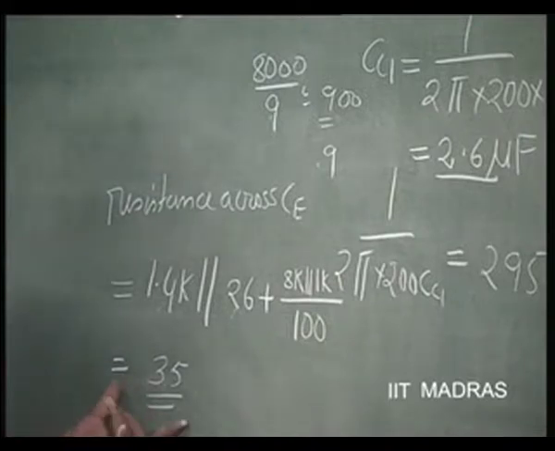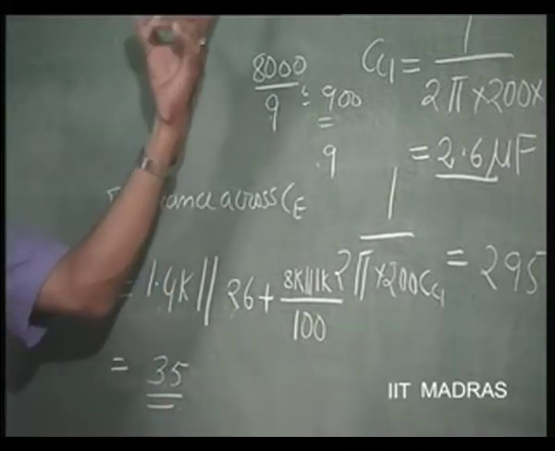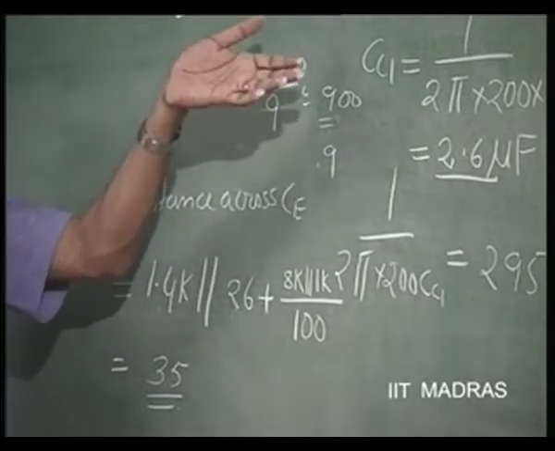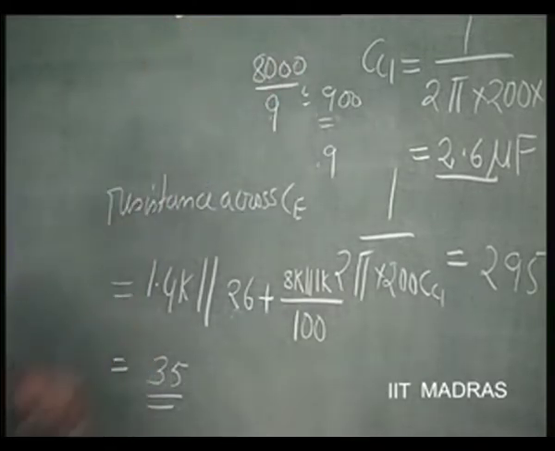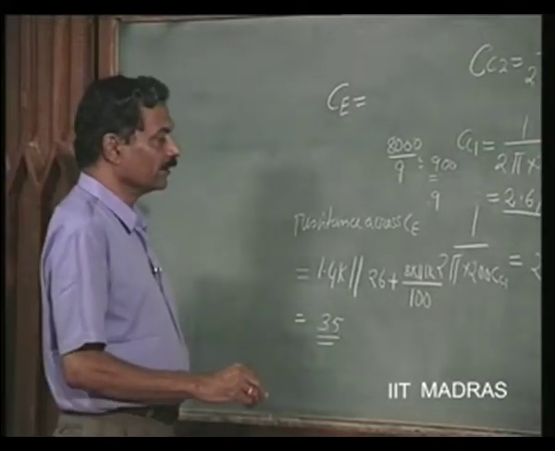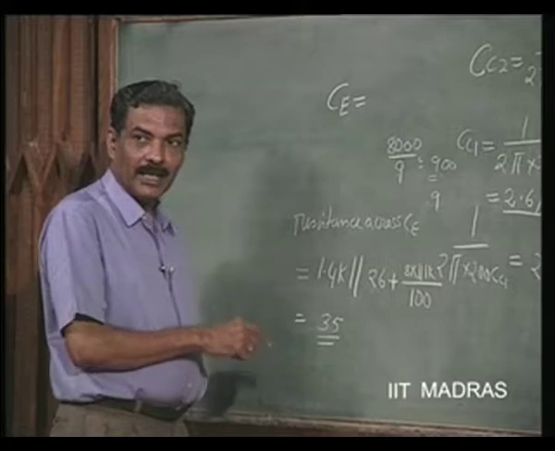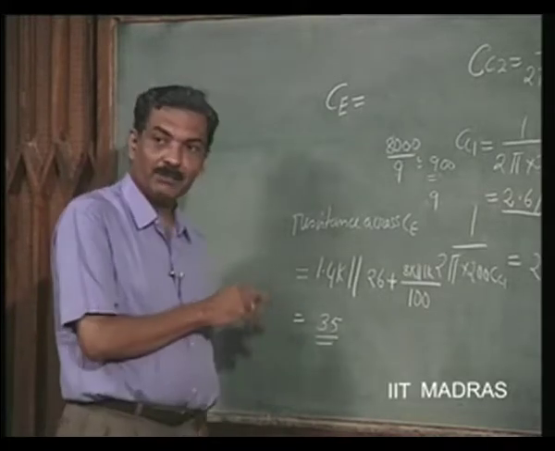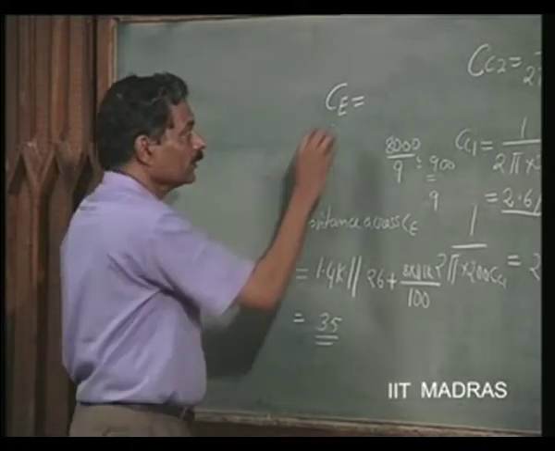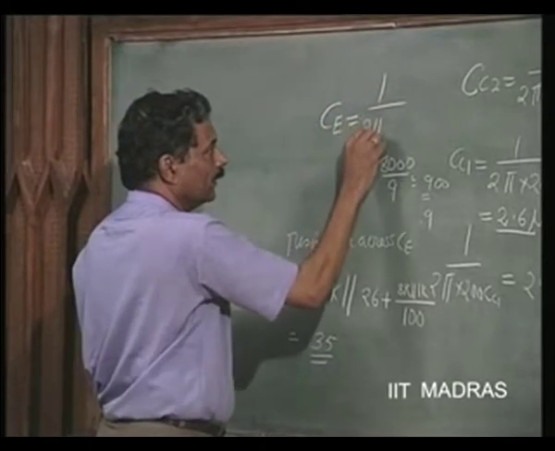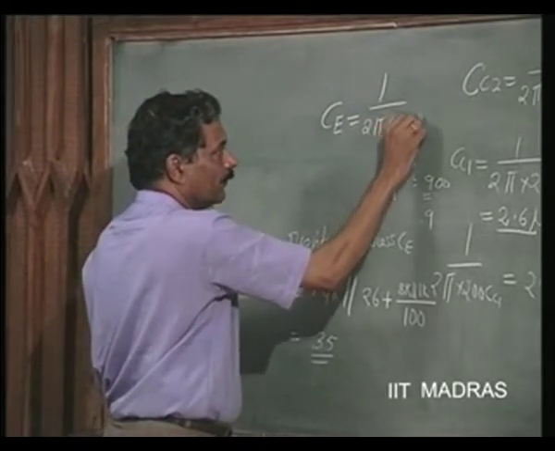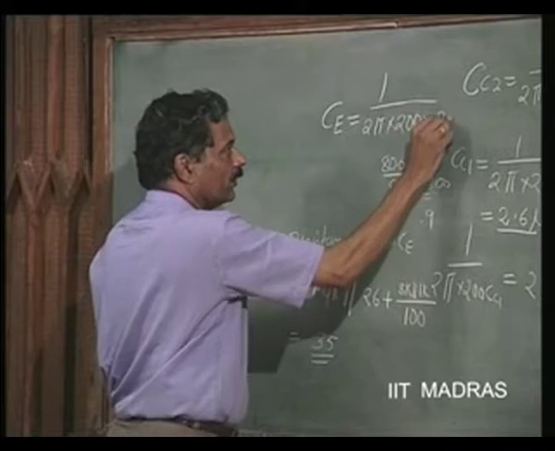You do not have to calculate these values exactly, because our selection of capacitor is always going to be the higher value than whatever is given. So, 35 ohms, that means this capacitor should act as a short circuit, and that reactance corresponds to 3.5 ohms. So, Ce is equal to 1 over 2 pi F minimum into 3.5 ohms.